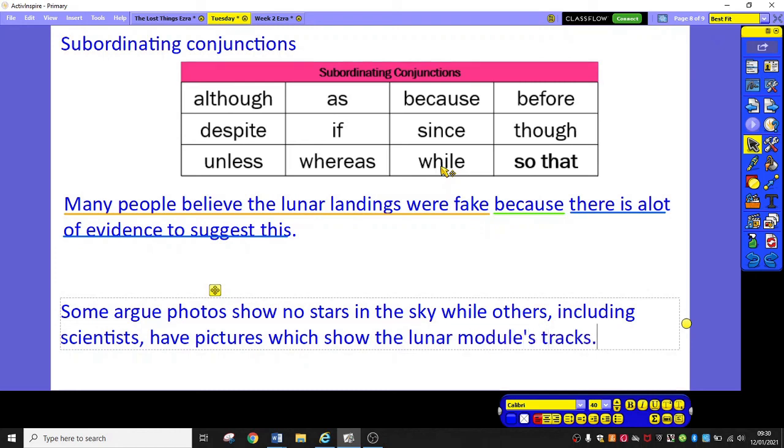So you can see this is really helping me create that contrast, that I'm giving both sides of the argument. So some argue photos show no stars in the sky, while others, including scientists, have pictures which show the lunar module's tracks. And then I might add in there an adverbial to give extra detail. Tracks on the moon, my adverbial of place.